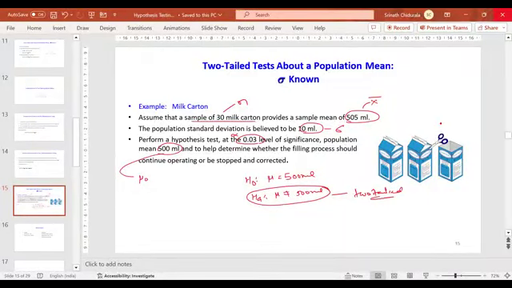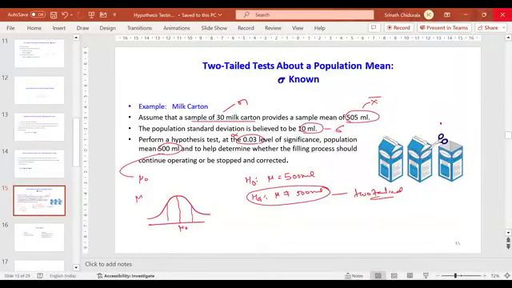What is a two-tail test? We discussed in the last class that if your given mu zero is this, we have to prove statistically whether this particular actual mu coincides with mu zero or not. So it may be less than or it may be greater than. That's something we will test through this two-tail test.